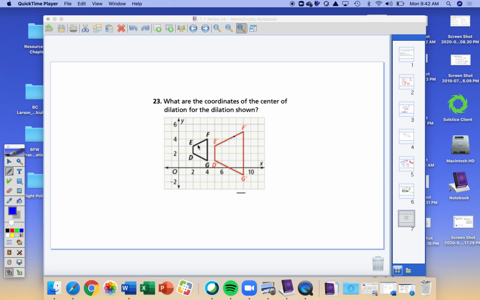And because this moved 1, 2, 3 units, and we know the scale factor is 2, because the distance between ED and E prime D prime, this is 1 unit and this is 2 units, which means the scale factor is 2. So if the distance from E to E prime is 3 units, if I go 3 more units this way, 1, 2, 3, this right here should be point P, which is the center of my dilation. So therefore, the center in this case is (-1, 3).